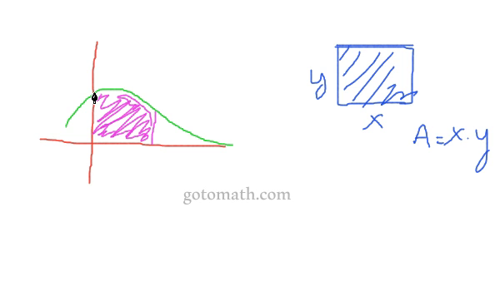But what happens when the height is changing? As x increases, the height, right? This height is changing, either increasing and then decreasing. So we can't just say, for example, this is y here, we'll go up to here, and of course here's x. We can't just say that y times x, or x times y, it doesn't matter, that this is going to be now the area underneath the curve here, that this is not the area.